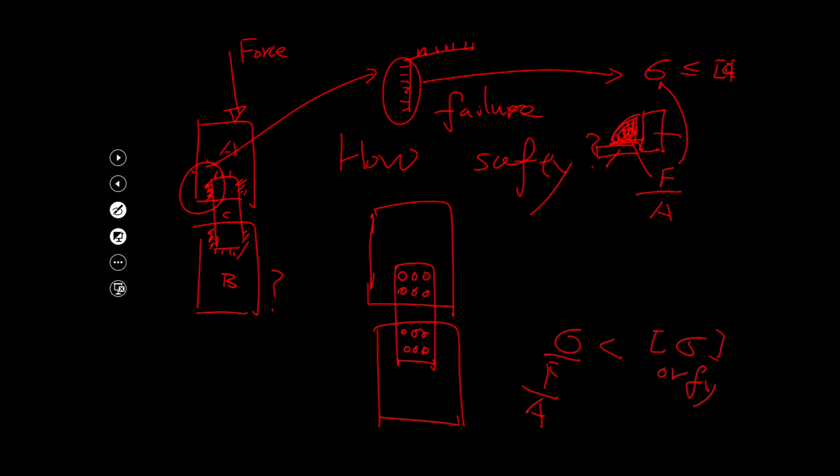Later you will be studying the equation. But before studying the equation, I want to figure out your logic. Right? If it is a bolt, how do we check the safety? How do we check whether it is safe or not, failure or not failure? Which method will you use?